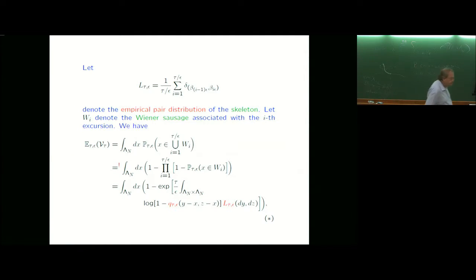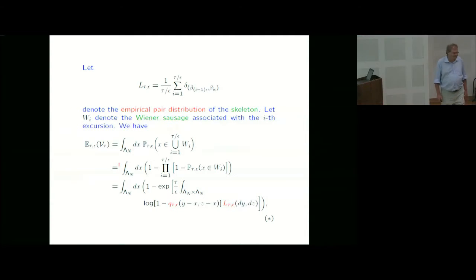Yes? Excursions, yes. The number of excursions: because the total length is tau and the excursion length is epsilon, there are tau over epsilon excursions.